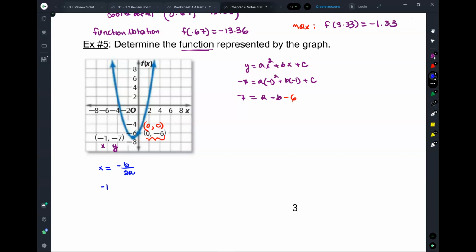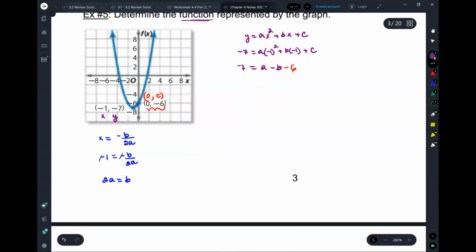So negative 1 is equal to negative b over 2a. So when these go away, 2a is equal to b. I multiply: 1 is equal to b over 2a, multiply by 2a, multiply by 2a.